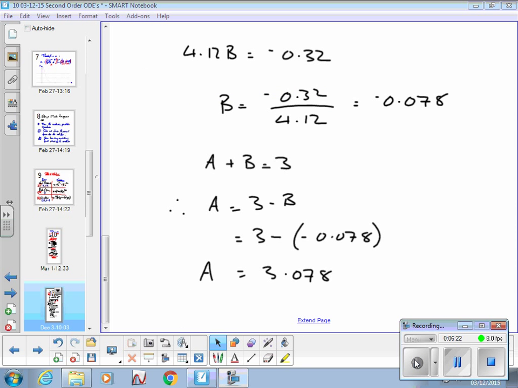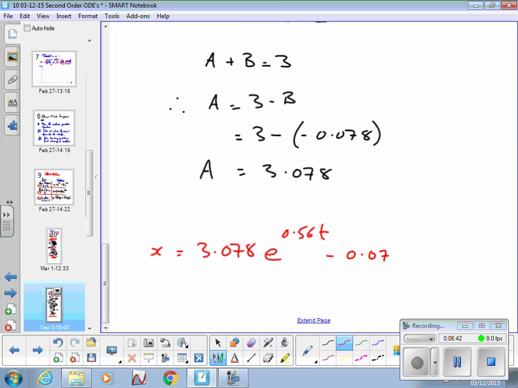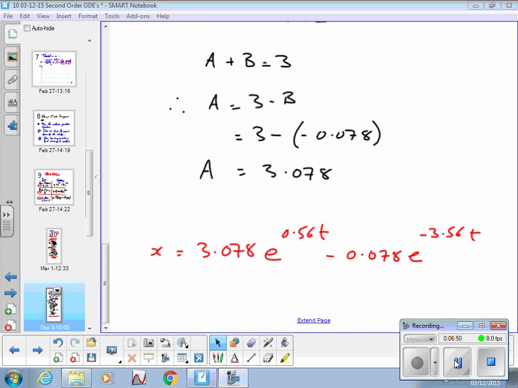So now we can write down our particular solution. x equals a, which is 3.078, e to the 0.56t minus 0.078 e to the minus 3.56t, if I remember rightly. And that's our particular solution.